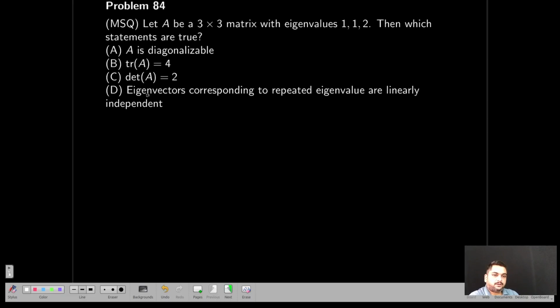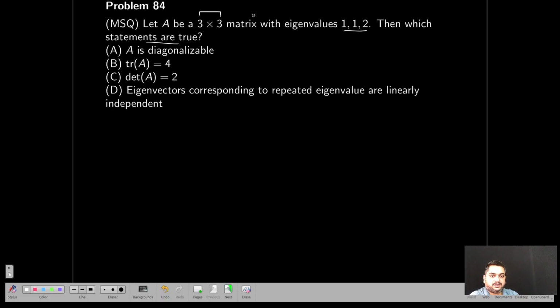Let A be a 3 cross 3 matrix with eigenvalues 1, 1, 2. Then which of the following statements are true? Here we observe that two eigenvalues are 1. That means all the eigenvalues are not distinct. For a 3 cross 3 matrix, there will be 3 eigenvalues, lambda 1, lambda 2, lambda 3.